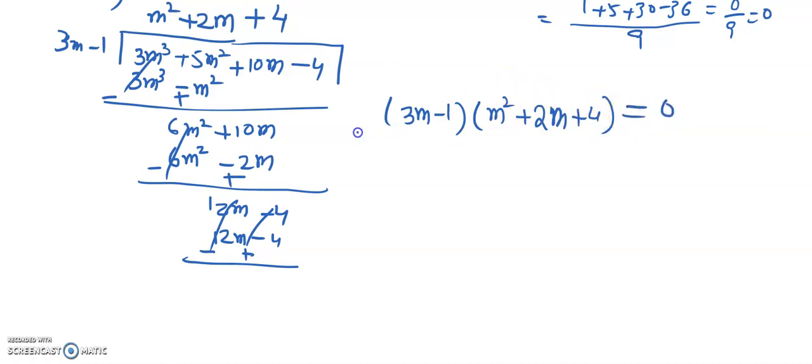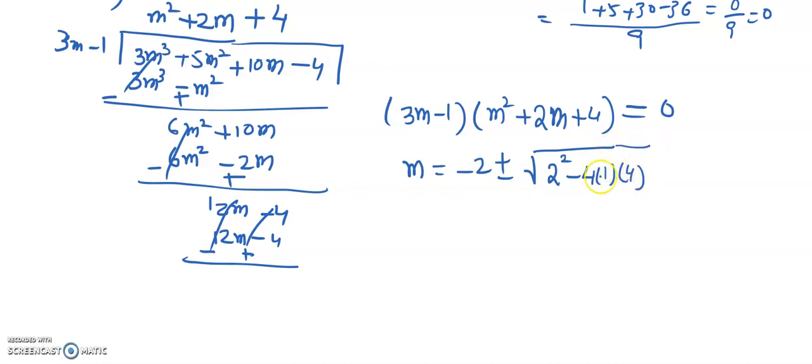equal to 0. So one of the roots we know is m = 1/3. So the other two roots will come from this quadratic equation. So minus 2 plus or minus the square root of 2 squared minus 4ac, divided by 2 into 1, for this equation.